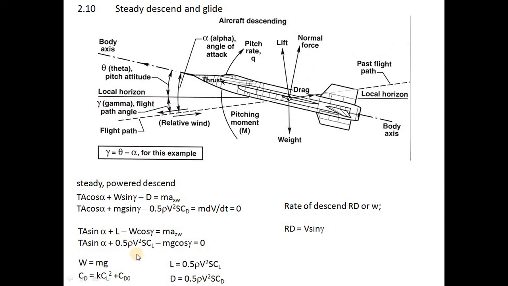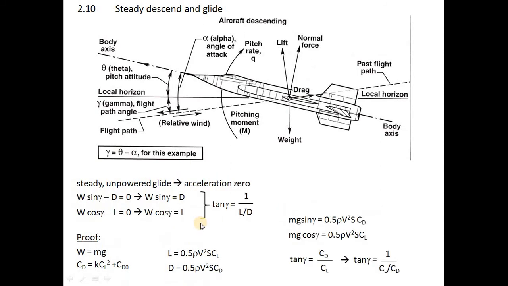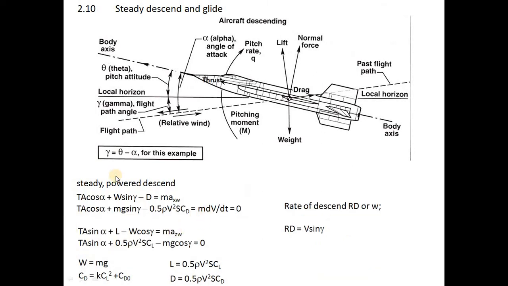So obviously the first slide is different from the second one, only in terms of thrust. In the first one, if you have thrust available, meaning that while you are descending you have a huge thrust, then we cannot neglect this, even if your alpha is small.